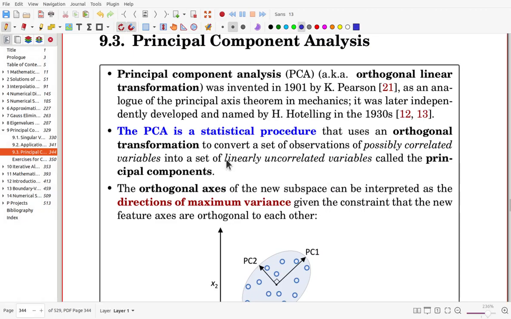Such uncorrelated variables are called the principal components. They are orthogonal to each other. The orthogonal axes can be interpreted as the directions of maximum variance under the condition that the new feature axes are orthogonal to each other.